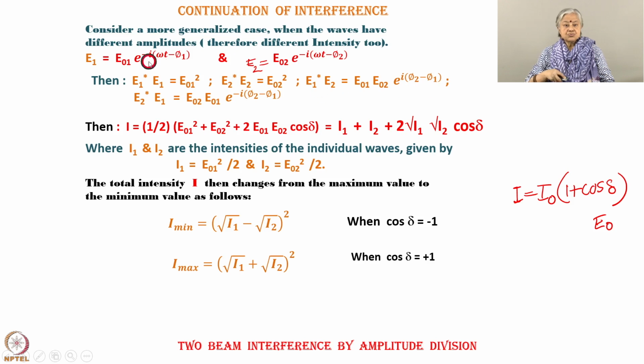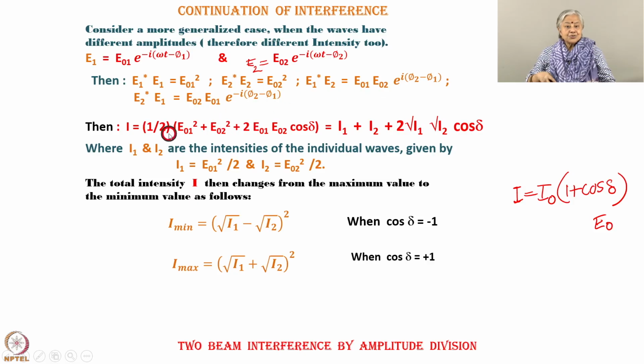You just multiply these two and this is what you will get. And E2 star E1 will also be E02 E01 e to the power i (phi 2 minus phi 1). This amplitude part is the multiplication of the two amplitudes, but they are different. So, this is what I get.